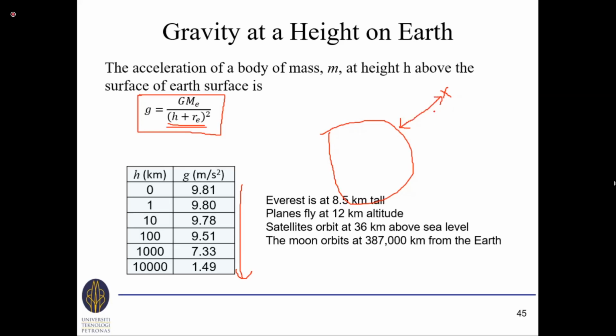This is the H. RE is from the surface to the center. So the whole distance is R plus H. Do you understand it now? Yes. So ME is a constant, right? Yes, ME is a constant. Okay, get it. Thank you, Miss. You're welcome.